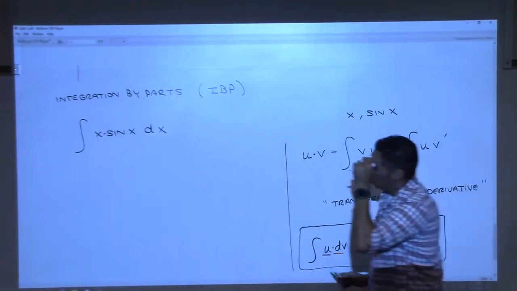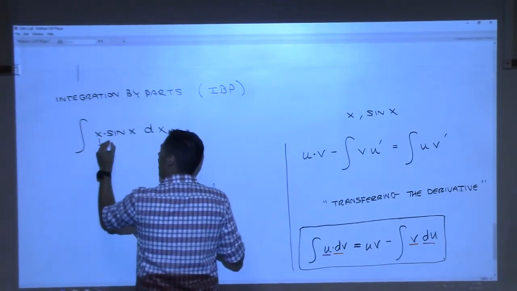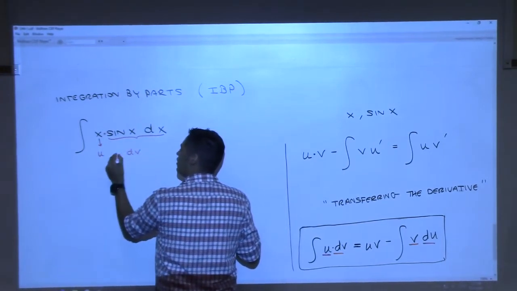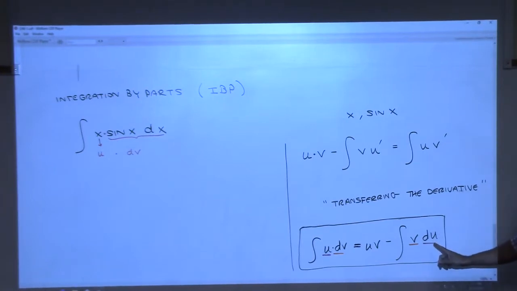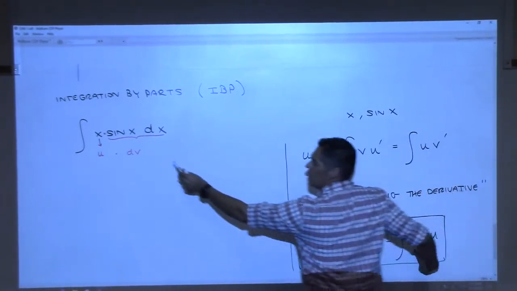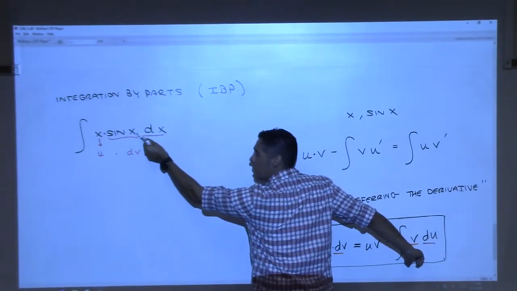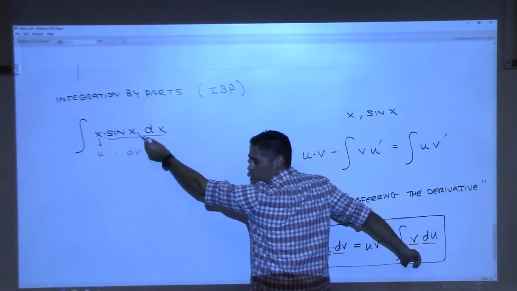So what if I call this one my u, and then everything else your dv? Do y'all see that? In the new integral, I'm going to need to work with v. v would be the antiderivative of sine x dx. What is the antiderivative of sine x dx? Negative cosine x, right? I don't mind seeing negative cosine x in the new integral.